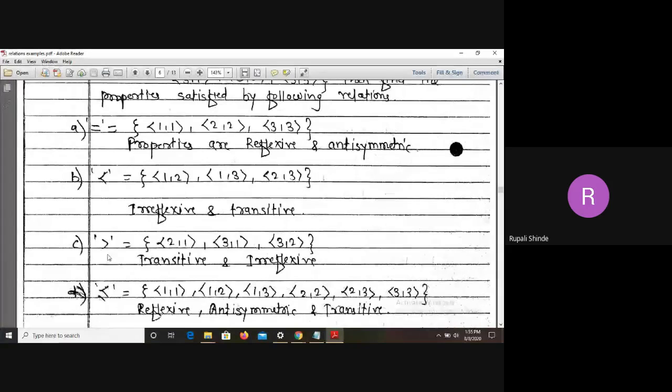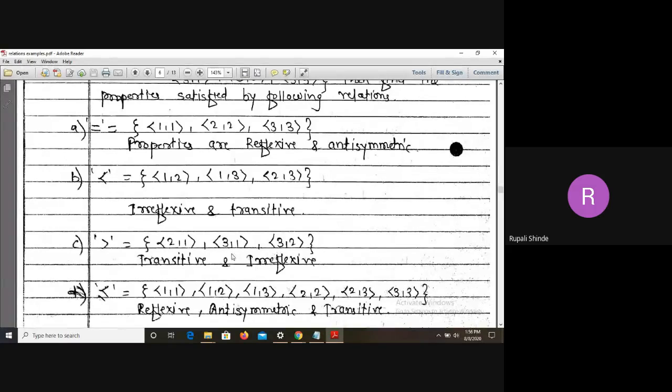Now likewise we have to find for the greater than relation. So we have to find such ordered pairs whose first element is greater than the second element. So we can include ordered pairs 2, 1, 3, 1 and 3, 2 because in all these ordered pairs the first element is greater than the second element.